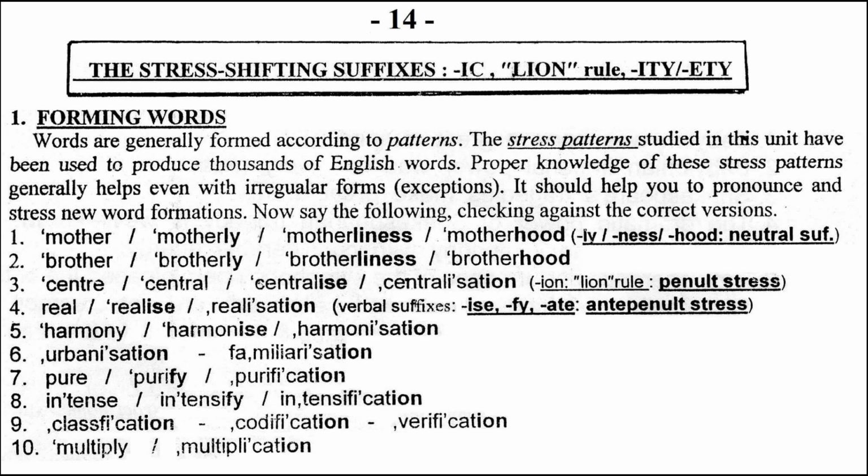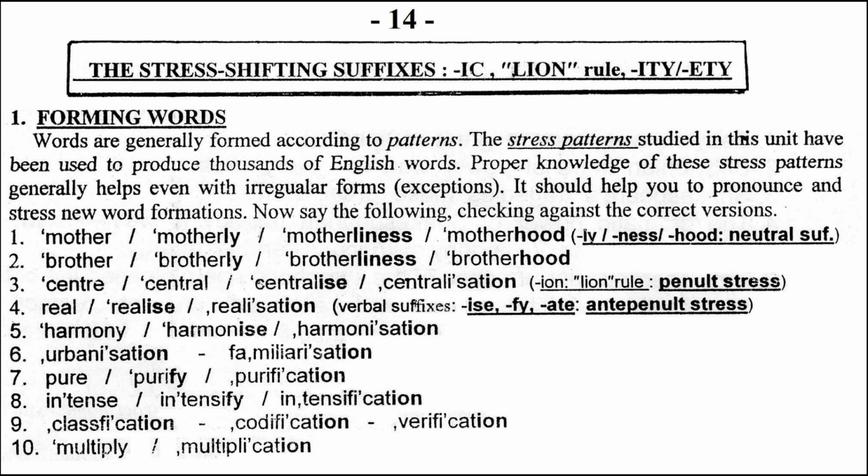The nearest root is urban. So the primary in the root is on ur, so we turn it into a secondary in this word. So the secondary will fall on ur, and it is called derivation for the secondary stress. Urbanization.